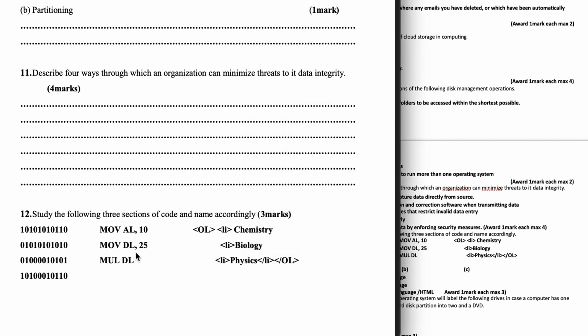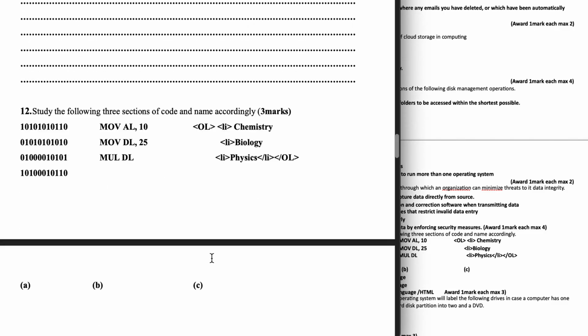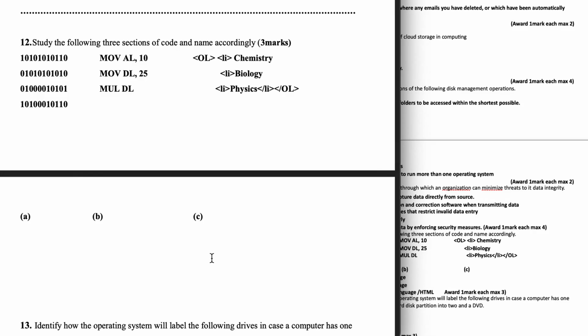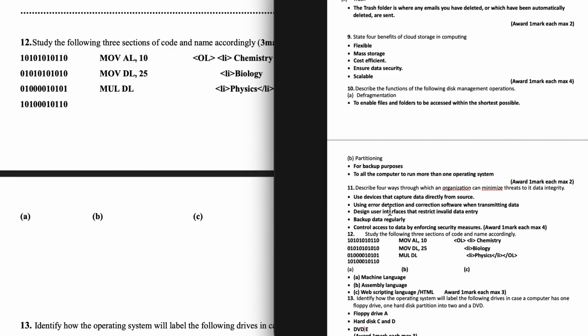Question 12. Study the following 3 sections of code and name them accordingly. So A is the machine language, B is assembly language, and C is web scripting language or HTML.